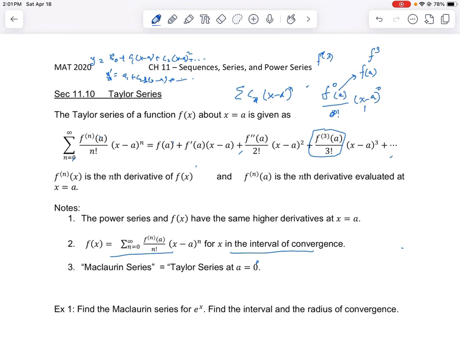So the Maclaurin series becomes the summation from n equal to 0 to infinity of the nth derivative of f evaluated at 0, and we have just x to the n, we don't write x minus 0. So it will be f of 0 plus f prime of 0 times x plus f double prime of 0 over 2 factorial x squared plus dot dot dot.